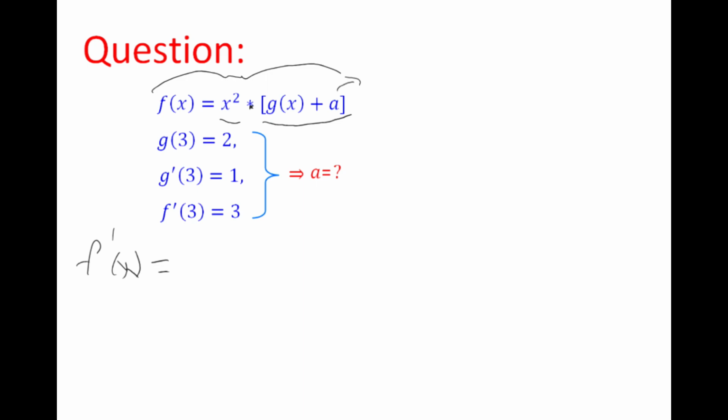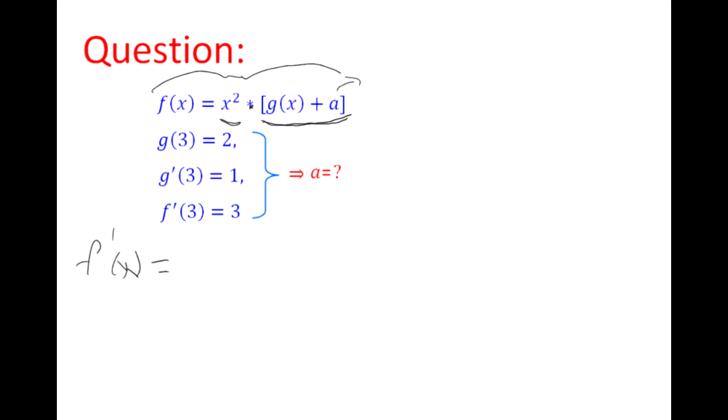Why? Because g of x is a function already and a is a constant, so we can add that constant to g of x and then treat the whole part as another function. So I'm going to apply the product rule in derivatives, and treat x squared as the first term and the rest of it as the second term.